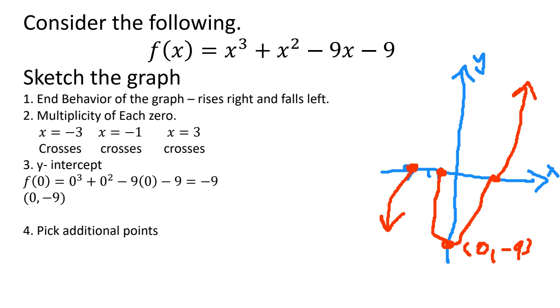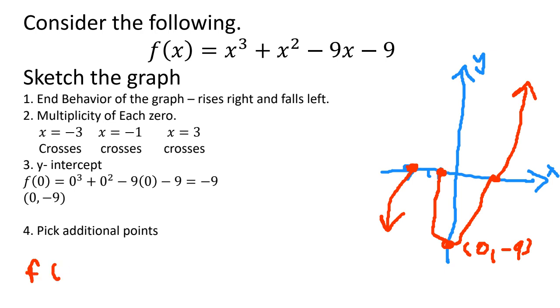If I wanted to be accurate, the additional point that I would pick is -2. What is the y value when x is equal to -2? My additional point would come from evaluating f at -2.